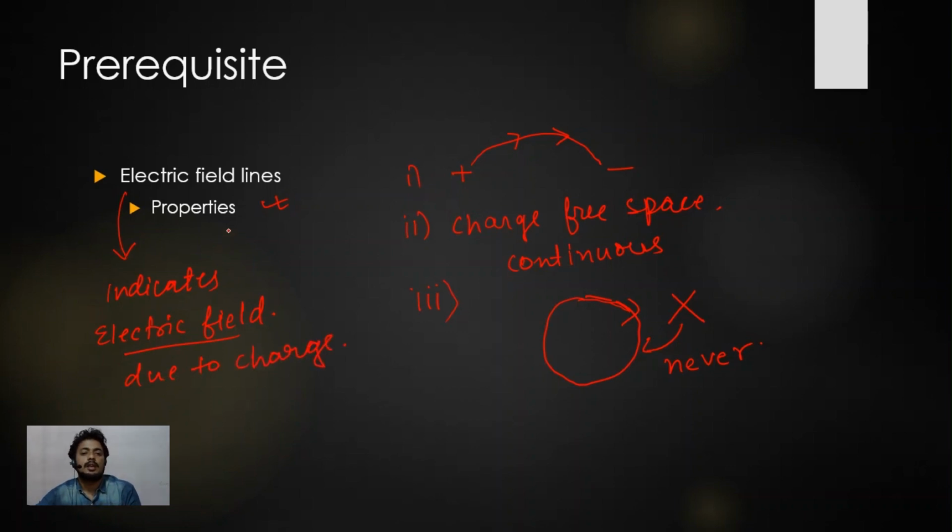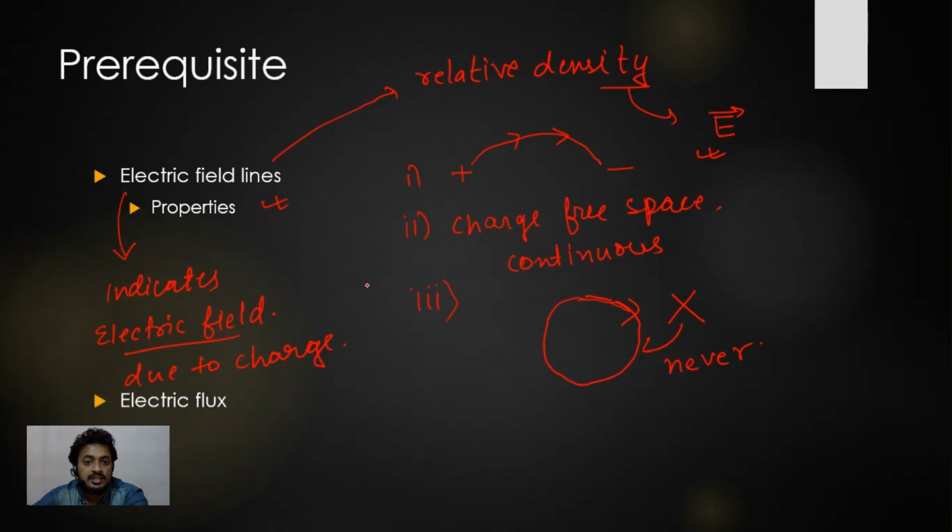The relative density of electric field lines tells us about electric field intensity; it is a measure of electric field intensity. Electric field intensity is a vector quantity, and electric field lines are imaginary lines.